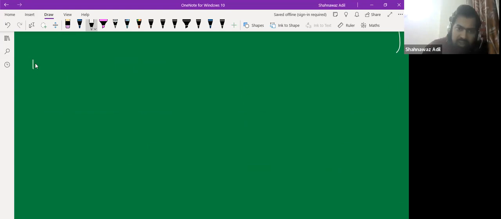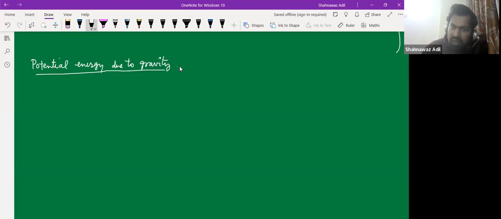Now, the potential energy due to gravity. How much is that?